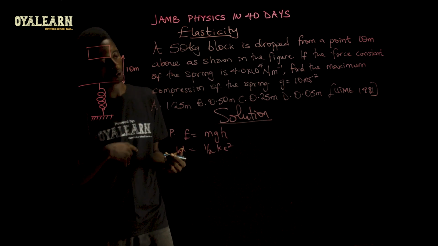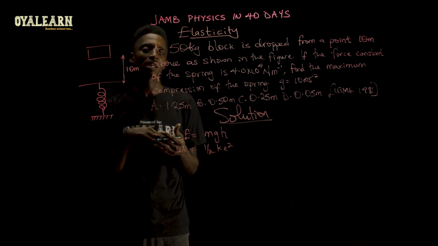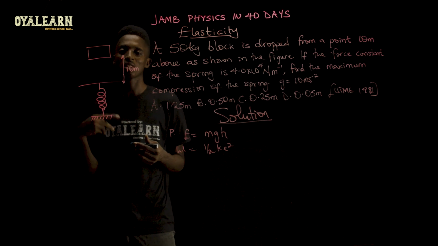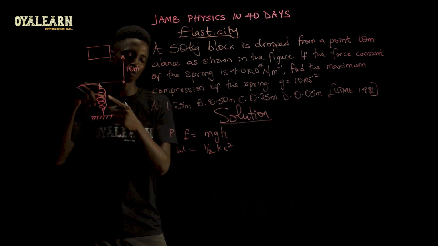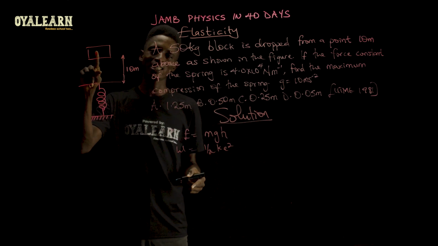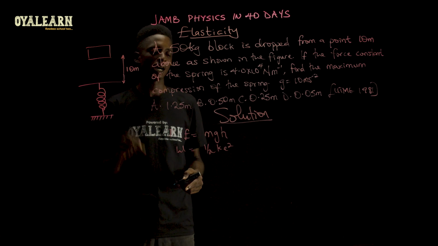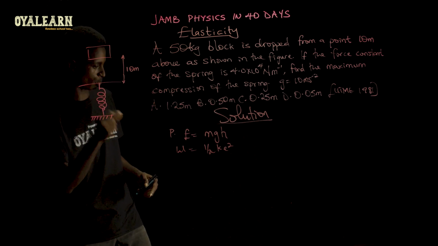They are the same, they are equal. This is because of the law of conservation of energy, which says energy is neither created nor destroyed, but it is transformed from one form to another.